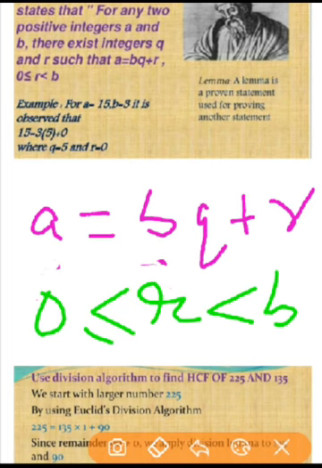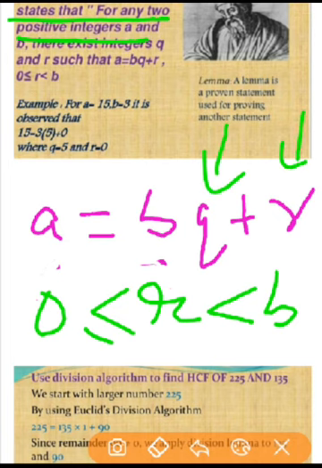Whenever we have to remember Euclid's division lemma, that is a equals bq plus r, where a and b are two positive integers. When we divide two positive integers, we will have two more positive integers, one will be q and one will be r.